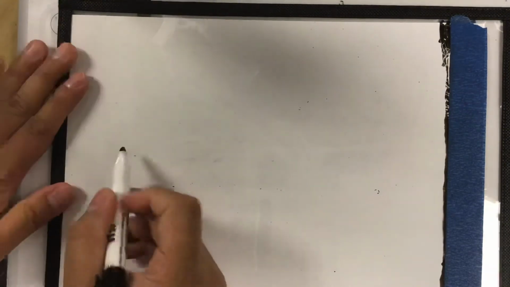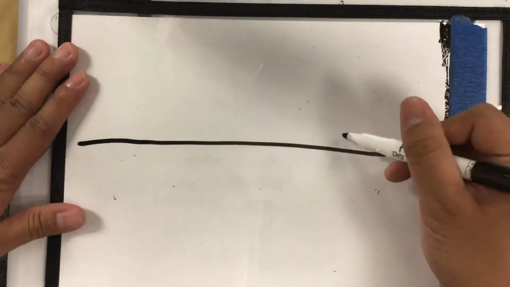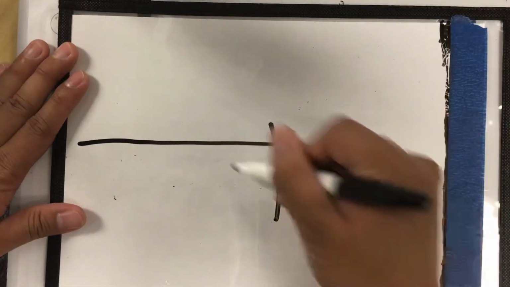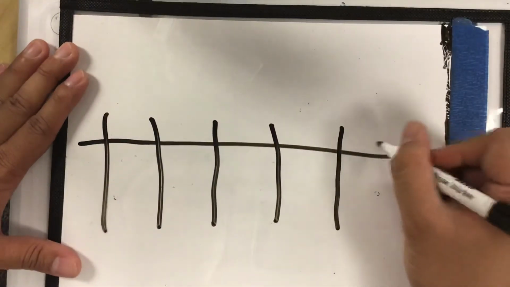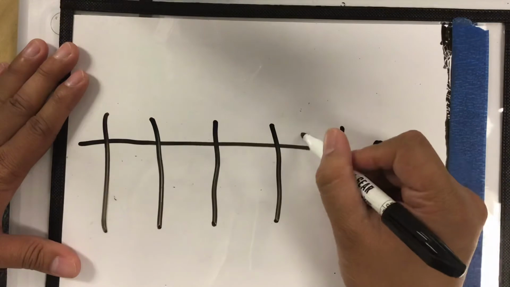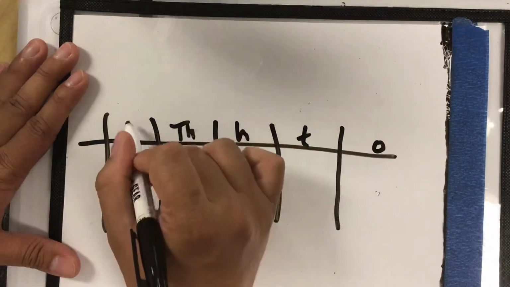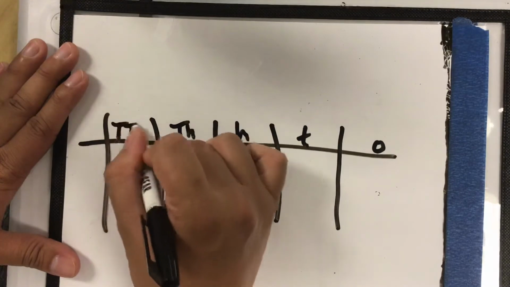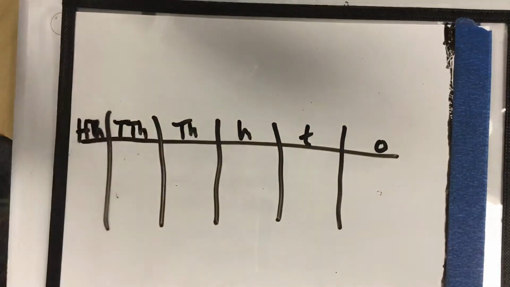And right now, I'm going to build a unit placement chart, okay? So we're going to have our unit chart, and we're going to show our base 10. So we have ones, tens, hundreds, thousands, 10,000s, 100,000s, okay?